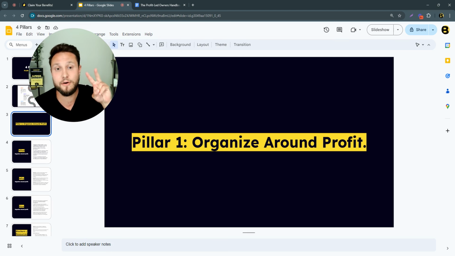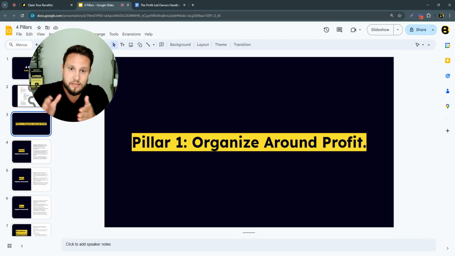So we only have to focus on 2 things. Why? Because less is often more. When we can focus, strategy equals focus, the likelihood of us achieving profit-led or simple profitable outcomes is higher. Again, simple works, but simple is not always easy. The best way to get to simple is to break it down into small bite-sized chunks.